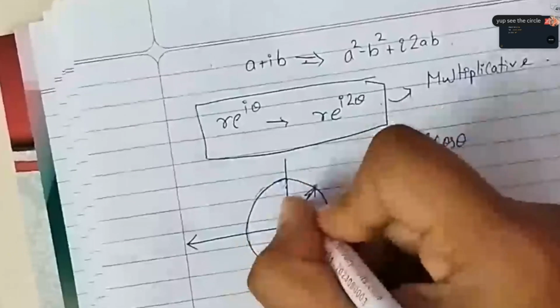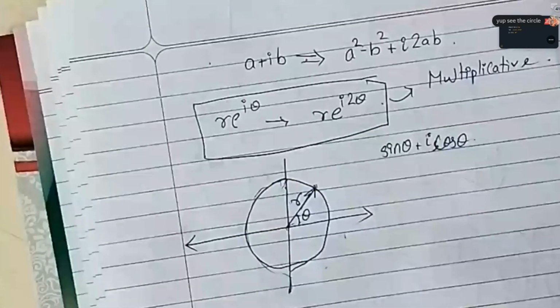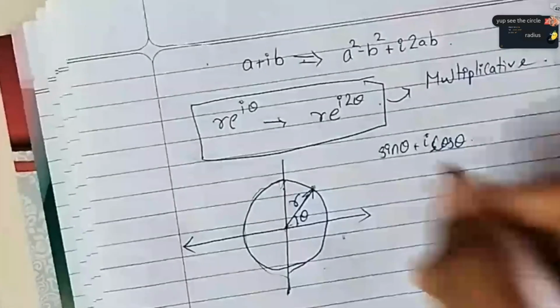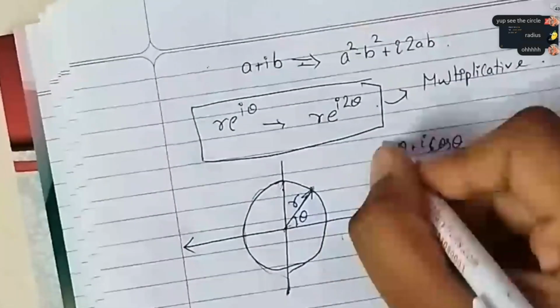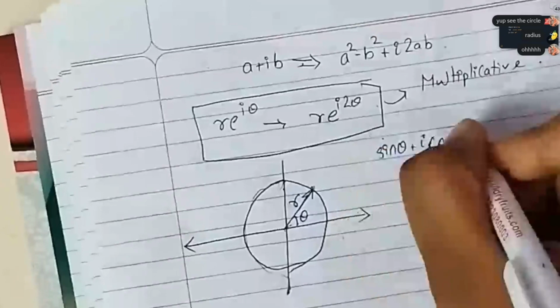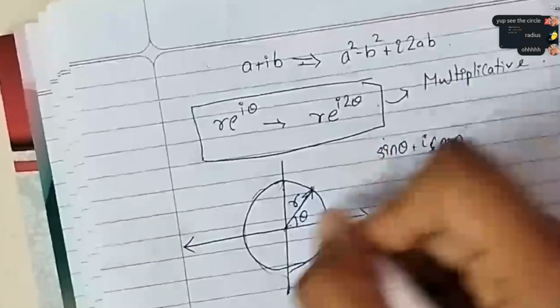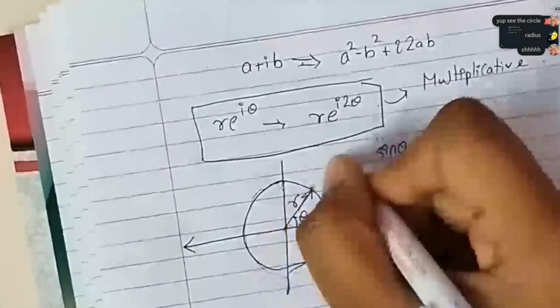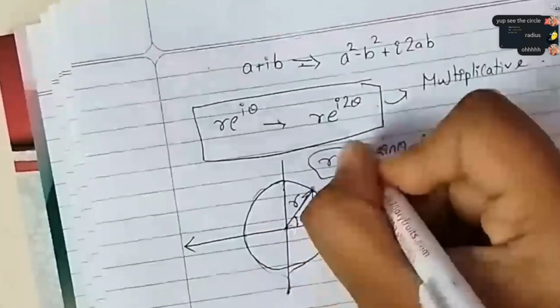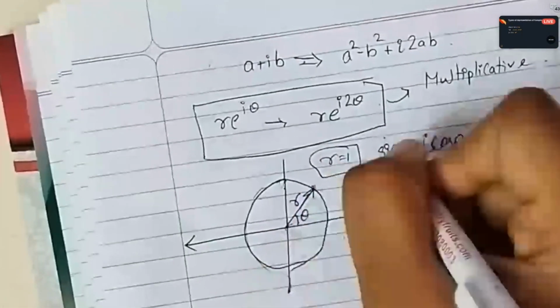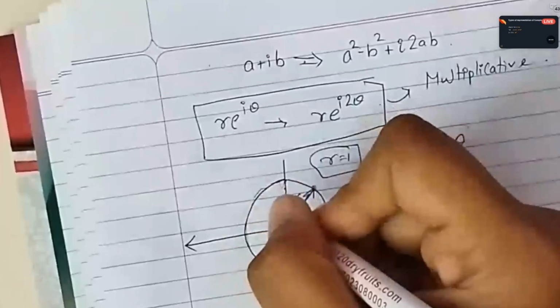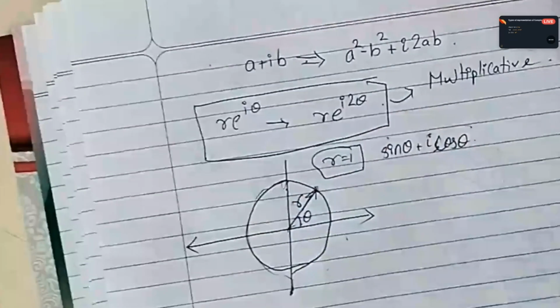So R represents the radius of the circle, because if it is just sine theta plus iota cos theta, it is a unit circle where R is 1. In general, R represents the radius of the circle. That's why it is used as R.